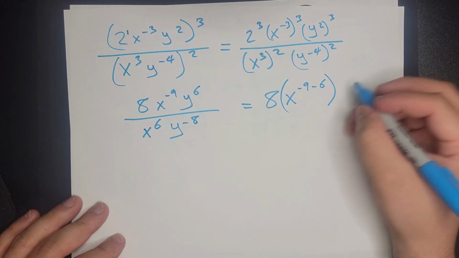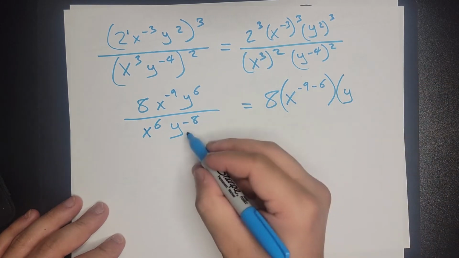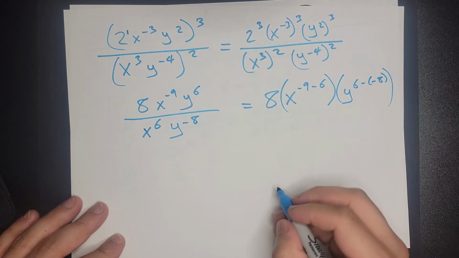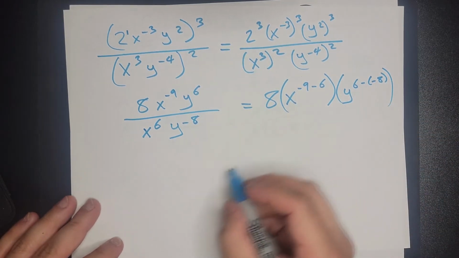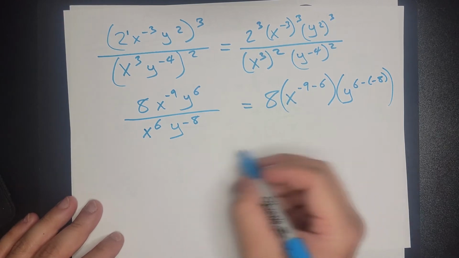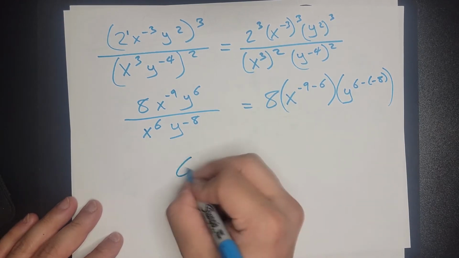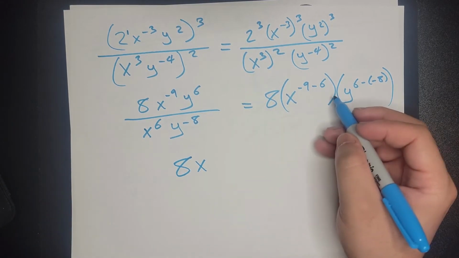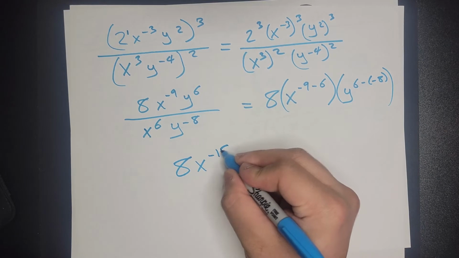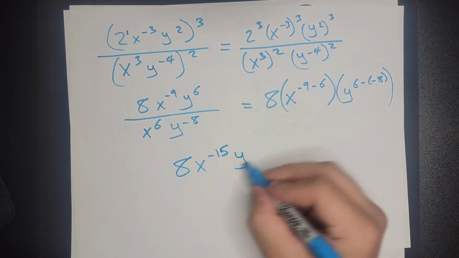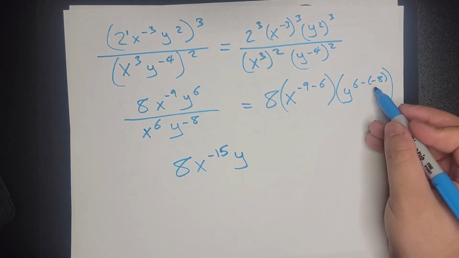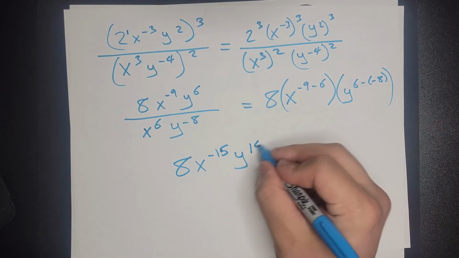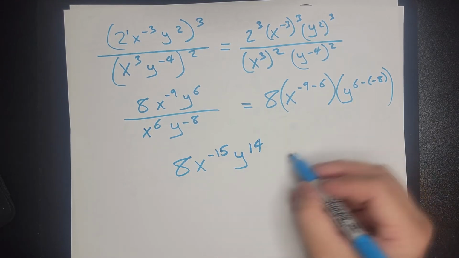And then we also have a y, which their exponents can also subtract, in which I am left with our 8, x to the negative 9 minus 6, which is negative 15, and my y to the 6 minus negative 8, which is 6 plus 8, so 14, and my negative exponent.